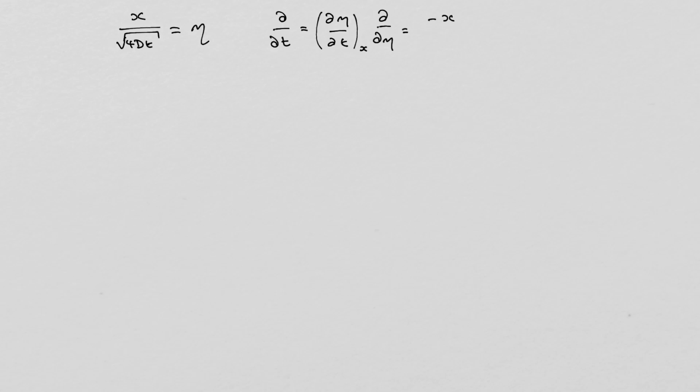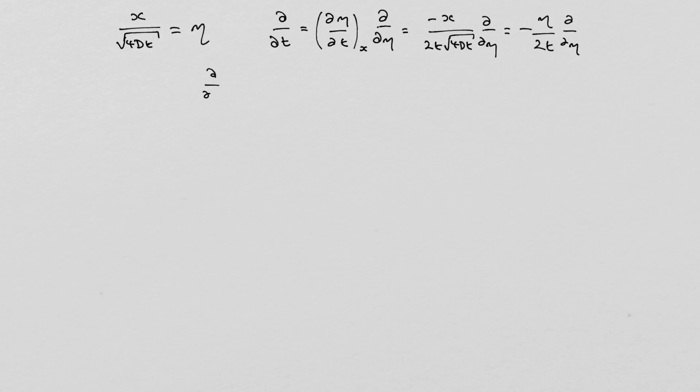It is minus x over 2t root 4 dt, once the t to the minus a half has become minus 3 halves, and I've done other stuff as well. But we can see that there is still an eta sitting in here. So let's pull that out.